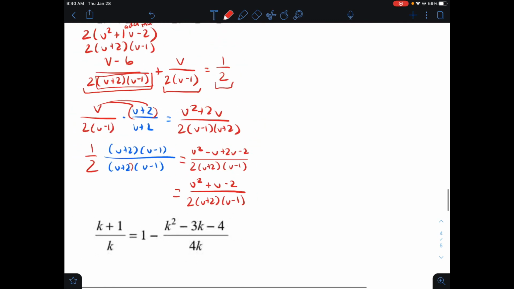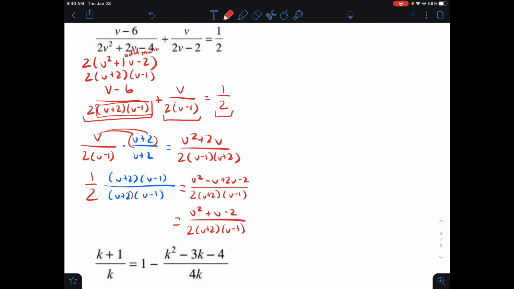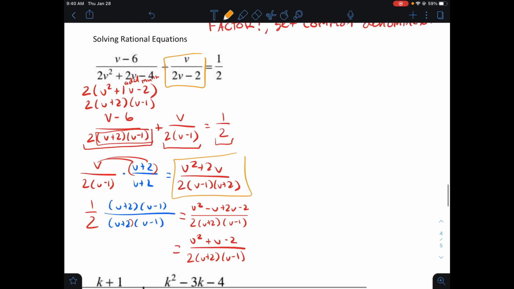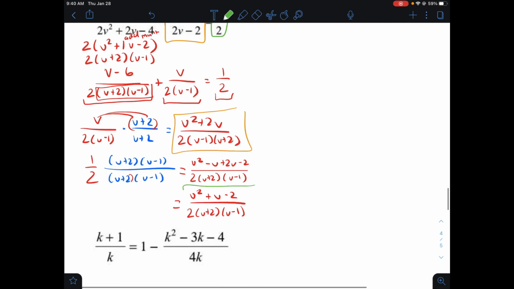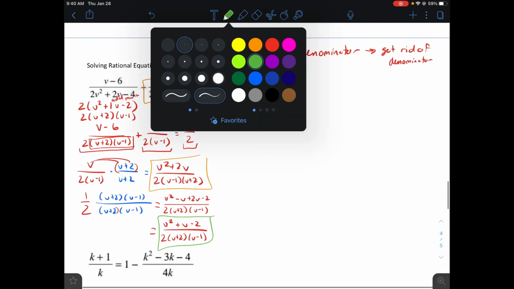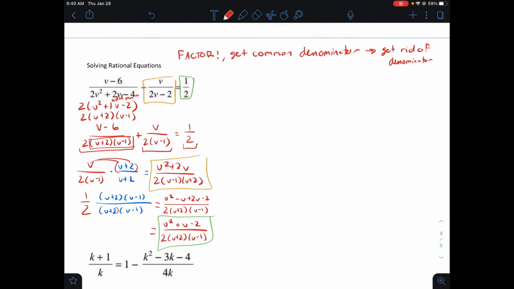So now, that's a lot of work. This guy is going to get replaced by this guy. And this guy is going to get replaced by this guy. So let's go ahead and rewrite that. Super fun. So we get v minus 6 all over our 2, v plus 2, v minus 1.